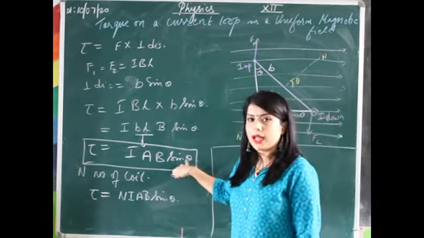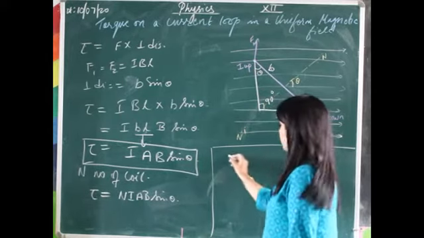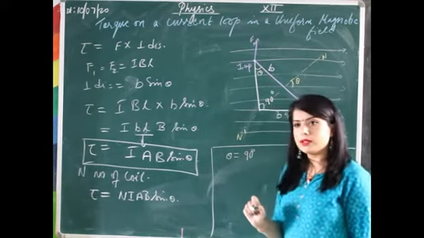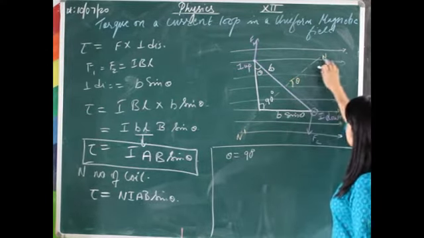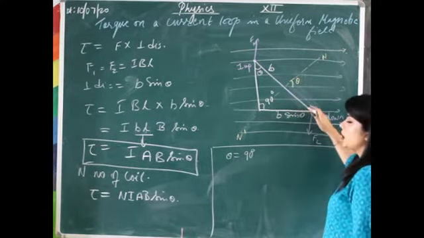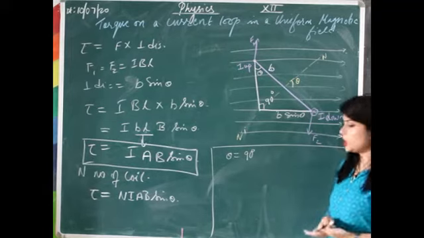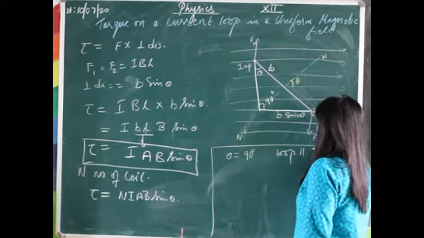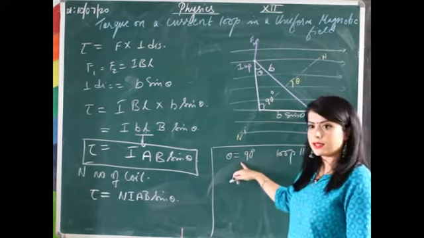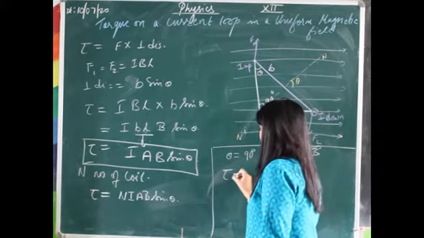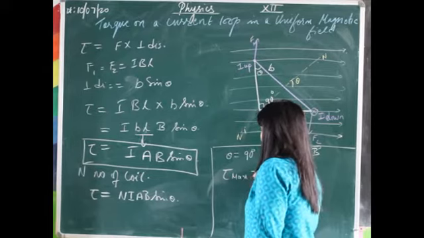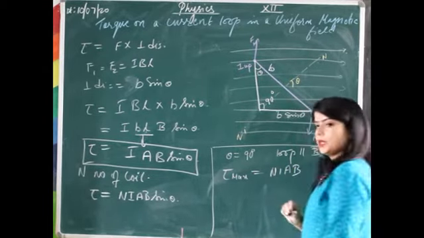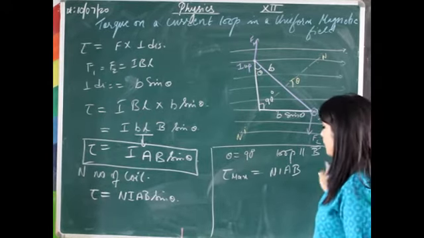It depends upon the angle, that is sine theta. Sine theta is maximum at 90 degree. If the loop is exactly perpendicular to the magnetic field, theta is 90 degree, the torque will be maximum, and that will be NIAB. This is the condition for maximum.